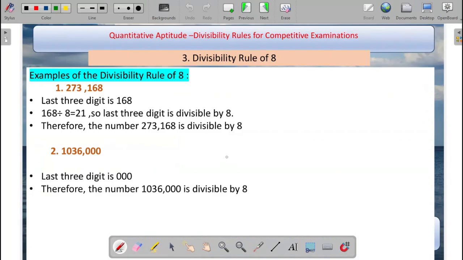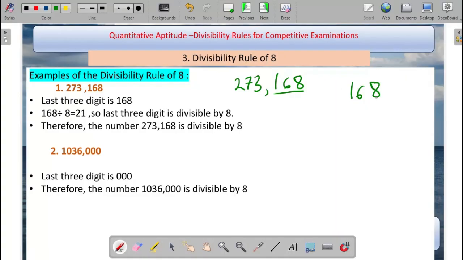Example, 273,168. The last 3 digits are 168. It is not 0, 0, 0.